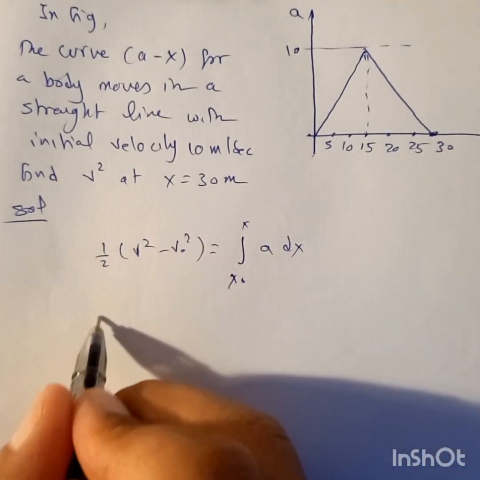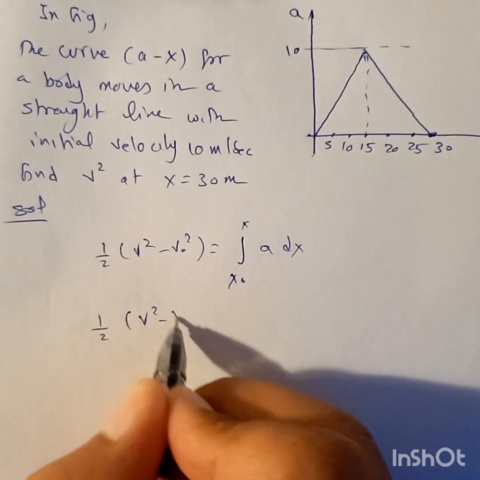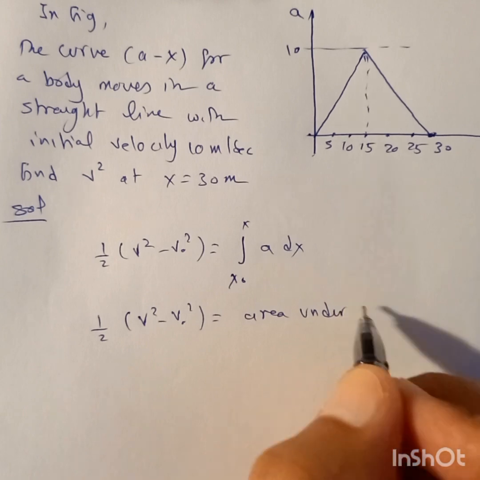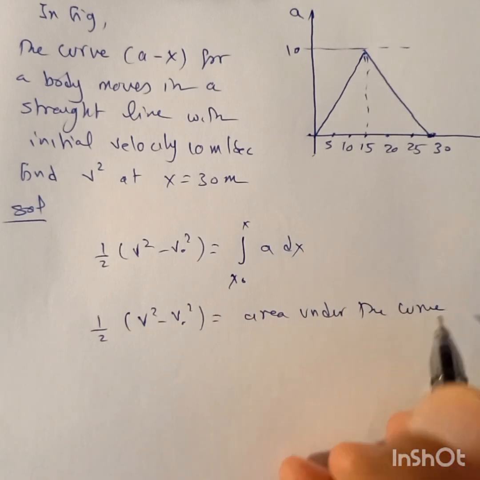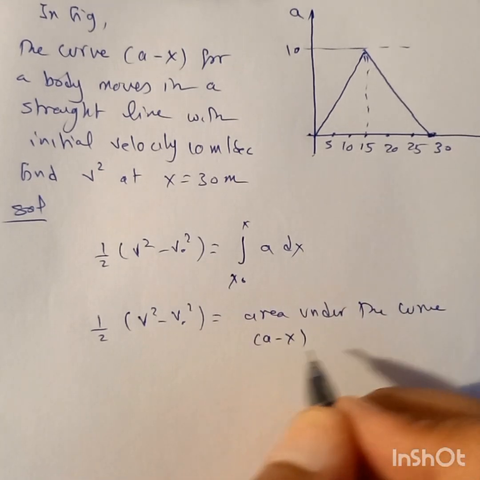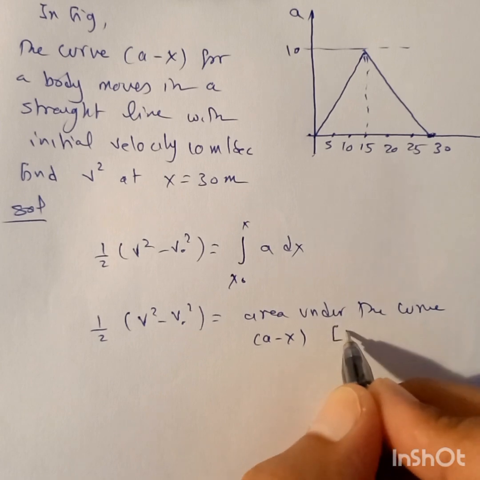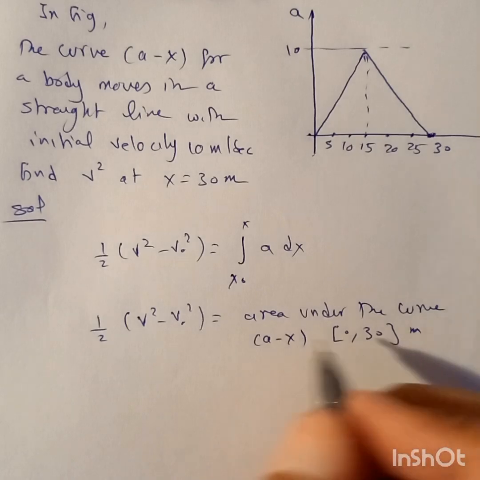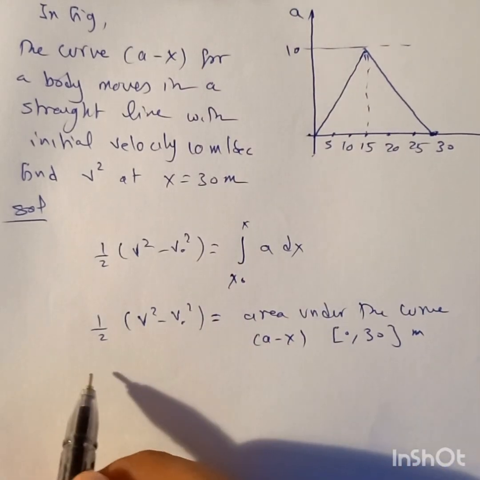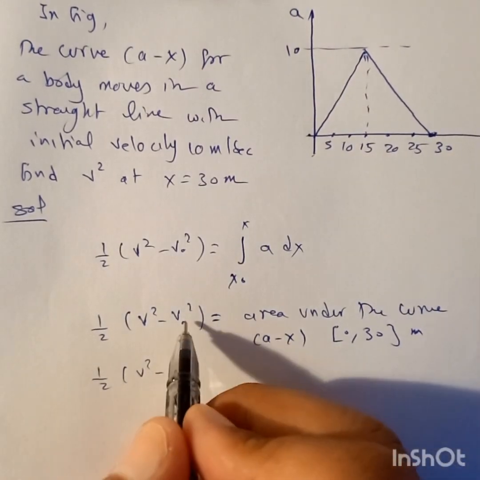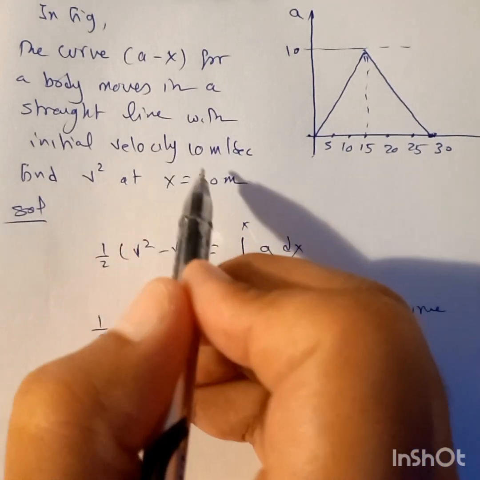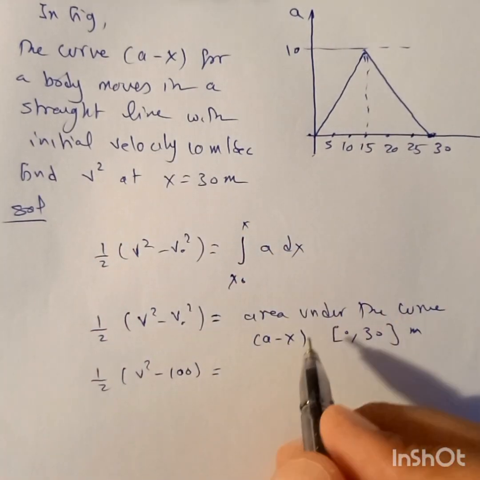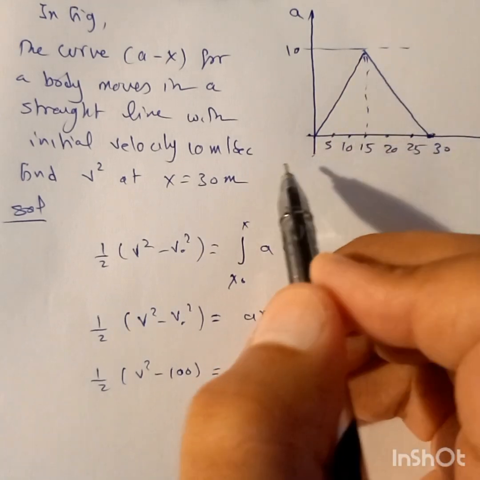And as we said, half v square minus v naught square equals the area under the curve representing the relation between acceleration and x from 0 to 30 meter displacement. Here we have half v square minus v naught square, with v naught 10 meters per second, then we have 100, equals the area under this curve, which is the area of this triangle.